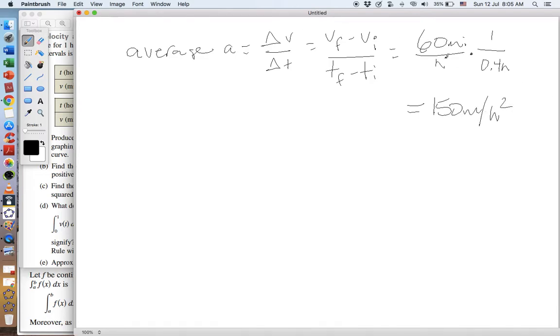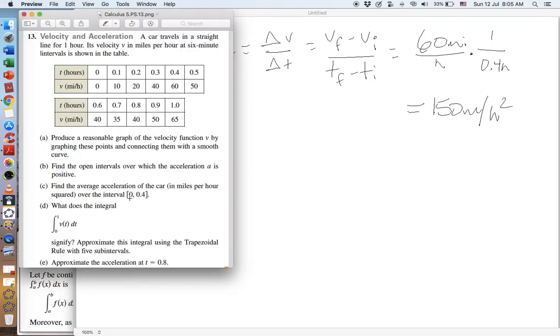Right, and so I found that by saying t final minus t initial, where t final is 0.4 and t initial is 0. And then in that window of time, we go from 0 to 60 miles per hour. So our change in velocity, our delta v, is 60 miles per hour.